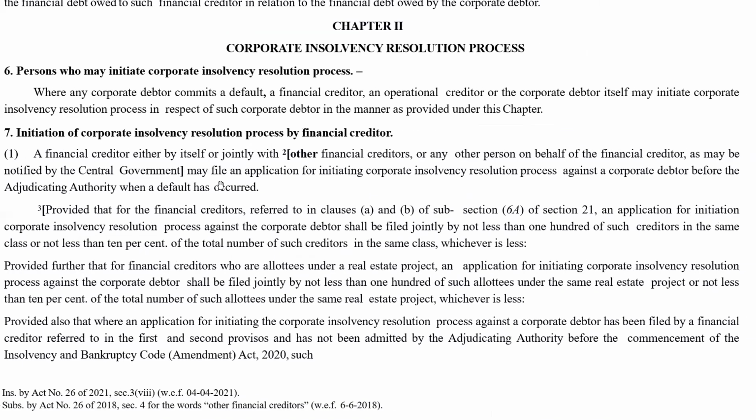So who is committing the default? Any corporate debtor in part 2. A financial creditor is one who has given financial assistance to the company. An operational creditor is one who has given goods or services. Or the corporate debtor itself may initiate CIRP in respect of such corporate debtor in the manner provided under this chapter.